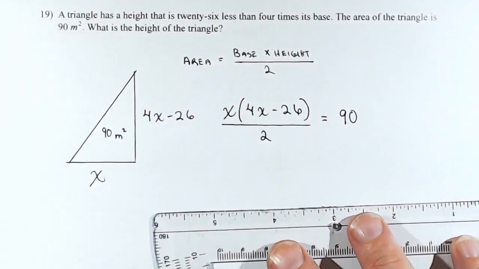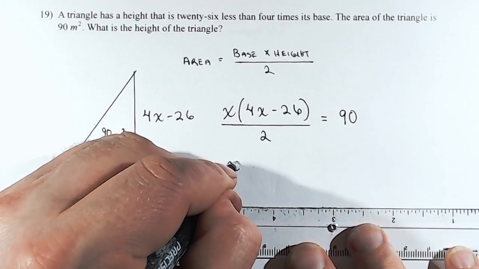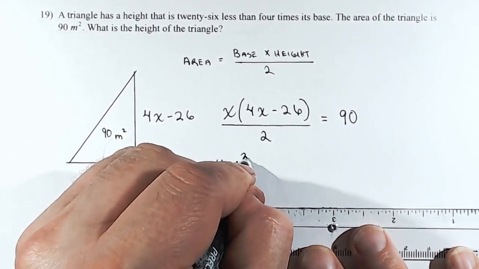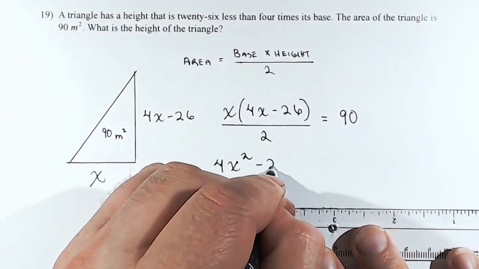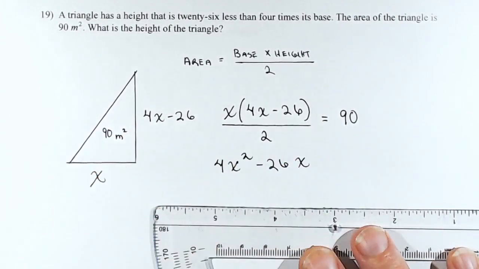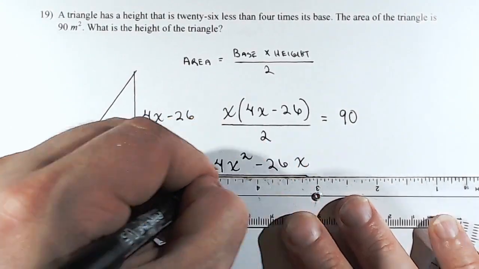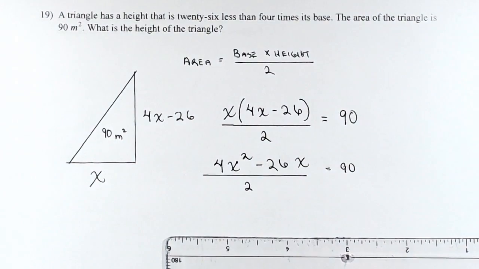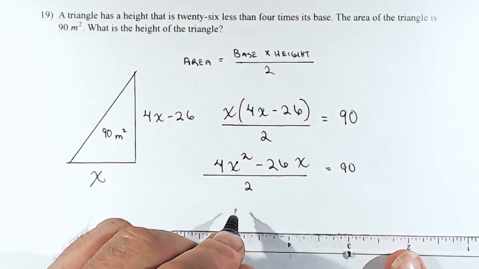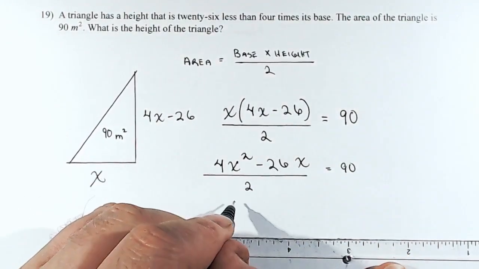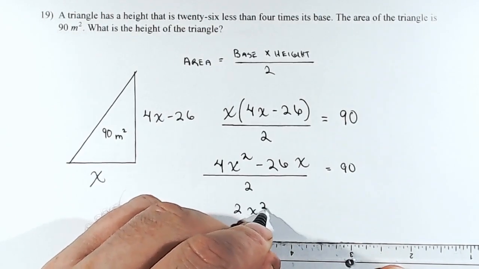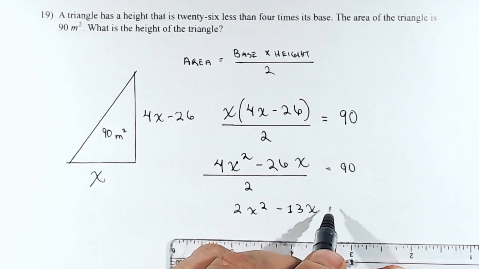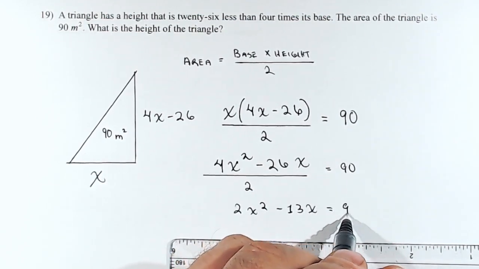So now we'll distribute on top, and we get 4x squared minus 26x all over 2 equals 90. And so now I can divide a 2 out of both of these. So I've got 2x squared minus 13x equals 90.